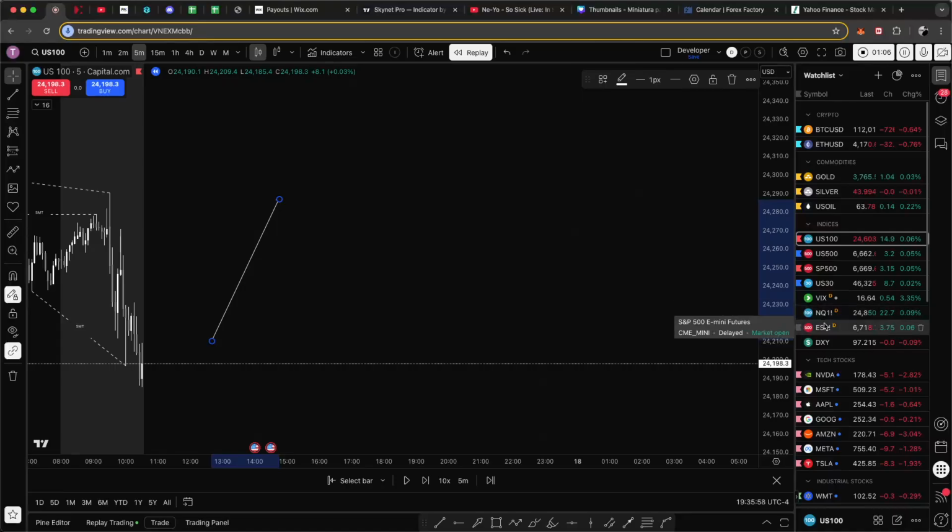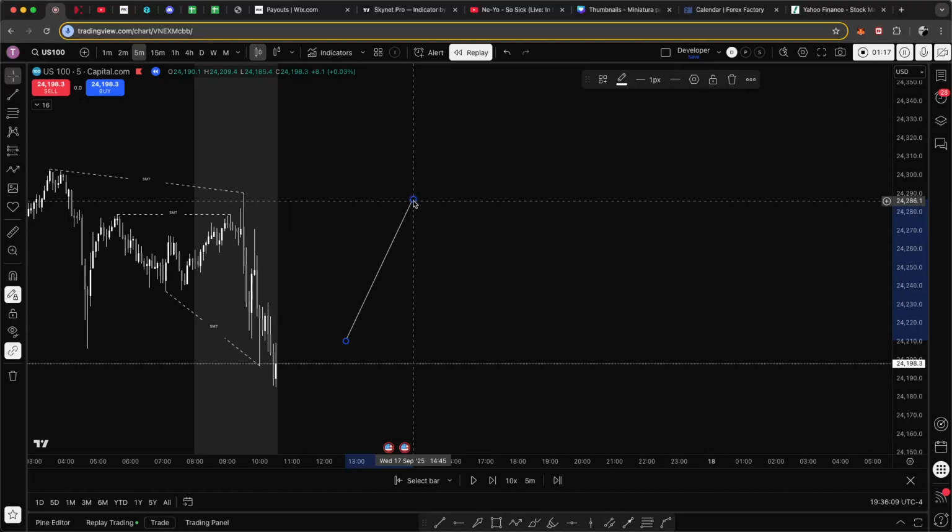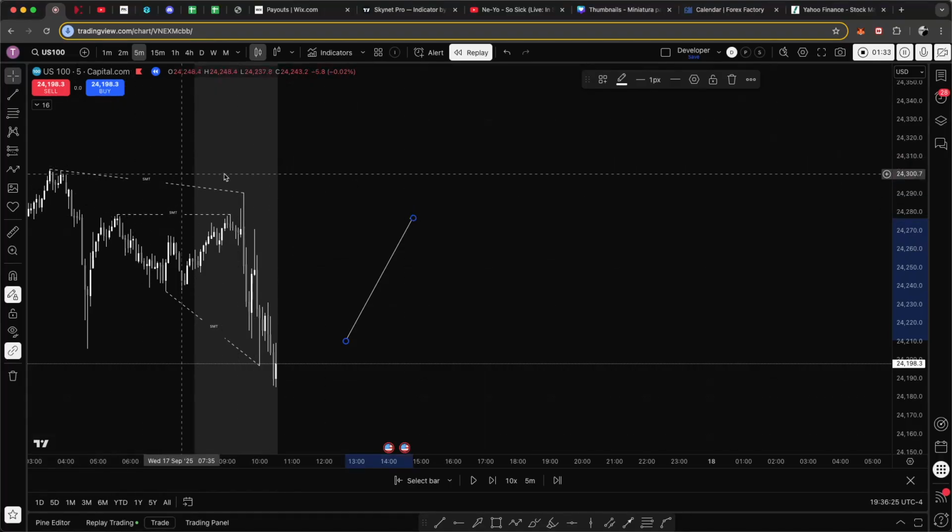Nasdaq is NQ and S&P 500 is ES. So these two pairs are correlated. What does that mean? It means that they move similarly, almost all the time. And when they fail to move similarly, there is a crack.